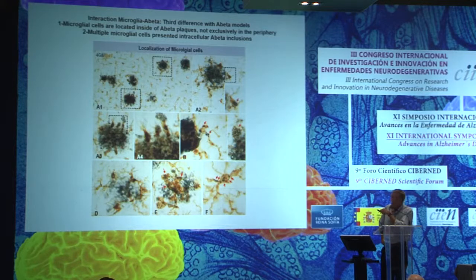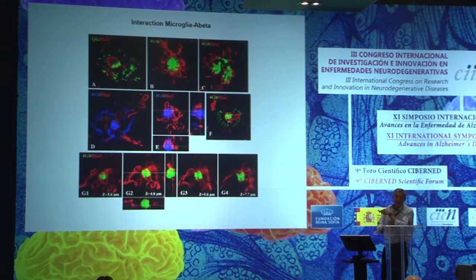And those microglial cells are located not surrounding A-beta plaques, but inside of the A-beta plaques. The presence of these microglial cells inside the plaque could also be observed by confocal microscopy.